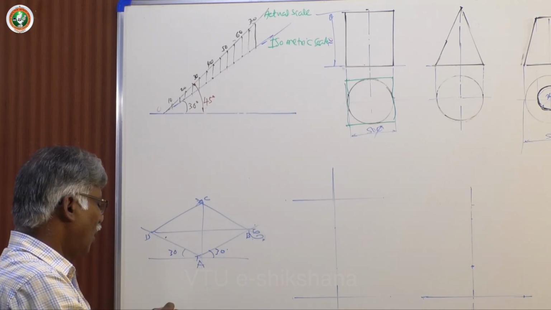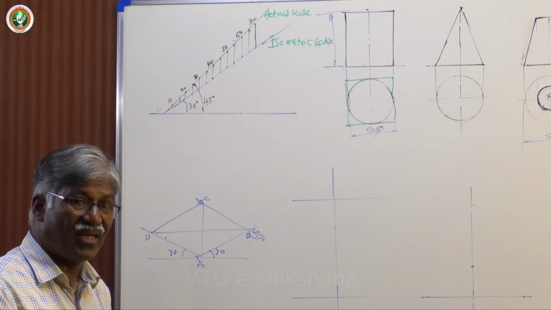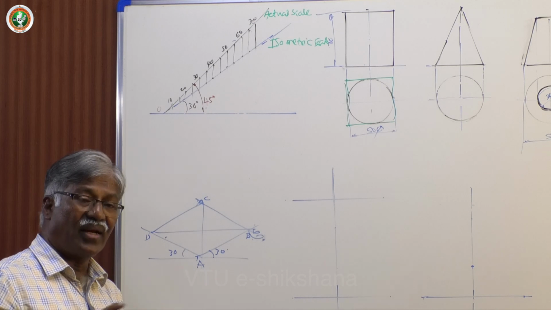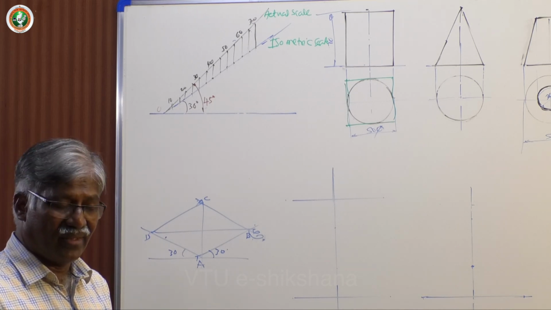Now to get the ellipse: isometric projection of a circular lamina is an ellipse, isometric projection of a square is a rhombus, isometric projection of a rectangular lamina is a parallelogram.